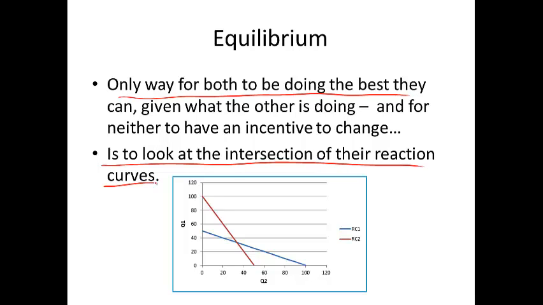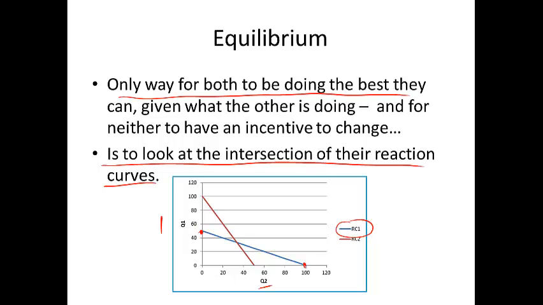of the reaction curves. So what this picture below shows, which has quantity produced by firm 2 on this axis and quantity produced by firm 1 on this axis, is the reaction curves for the two firms. The blue line here is firm 1's reaction curve, which remember was Q1 equals 50 minus 0.5 times Q2, so it goes from here to here.